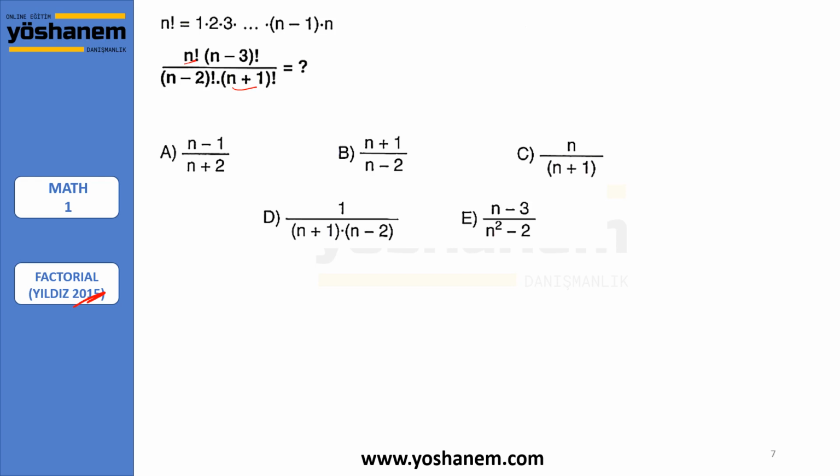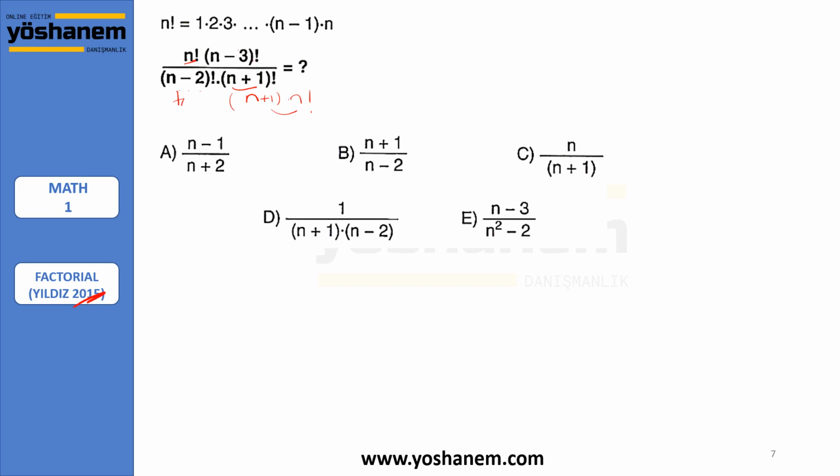I can write n plus 1 times n. 1 less than n plus 1 is n, right? So n minus 3 and n minus 2. Which one is smallest? This one is smallest. So if I write out n minus 2 factorial, I can have n minus 3 factorial, right?